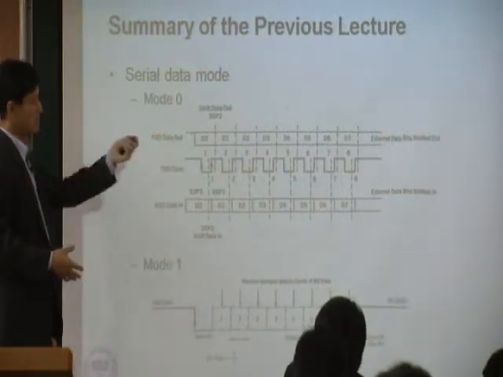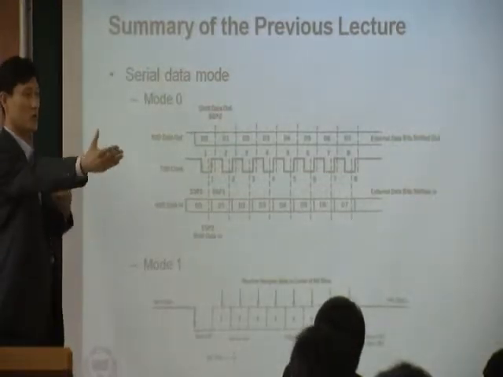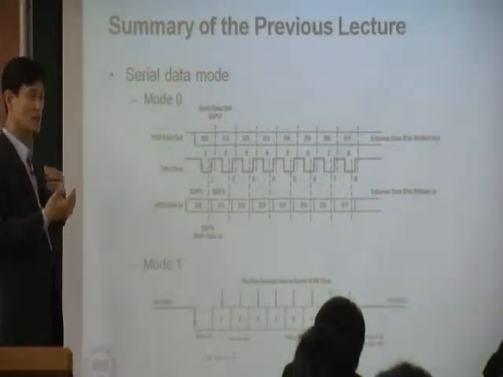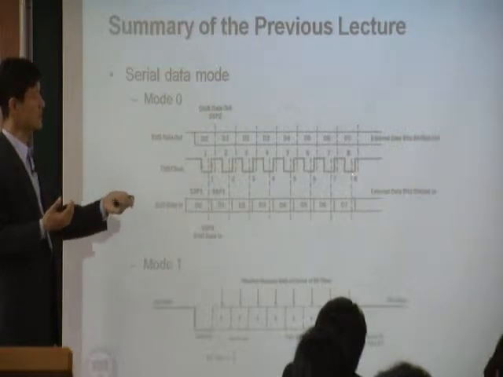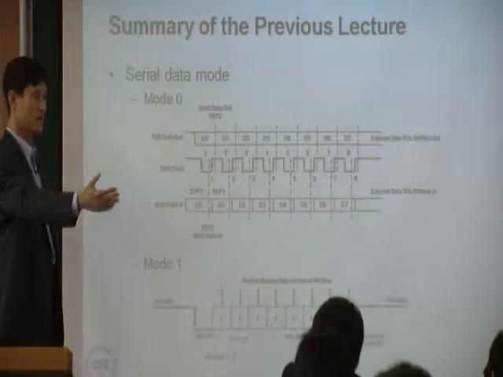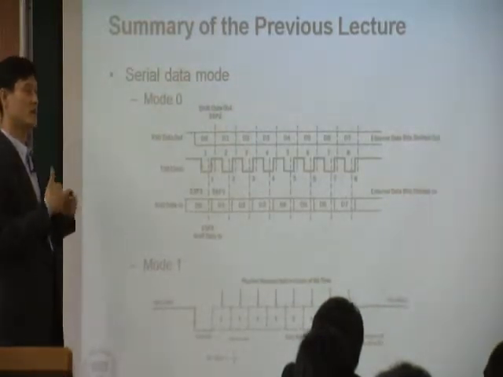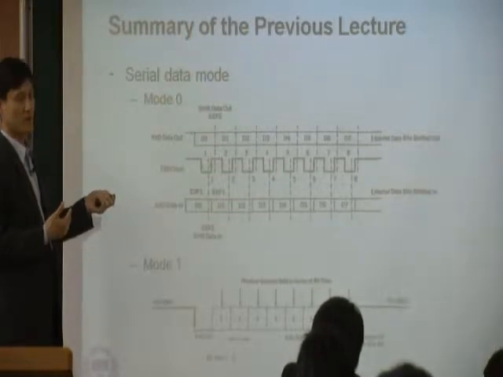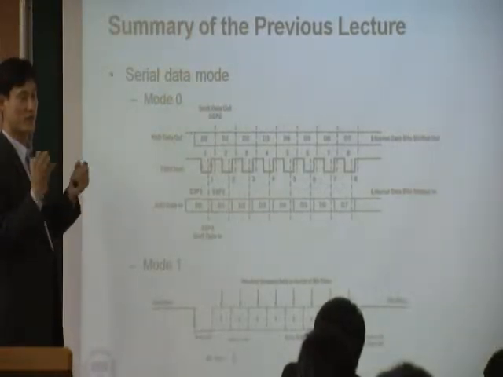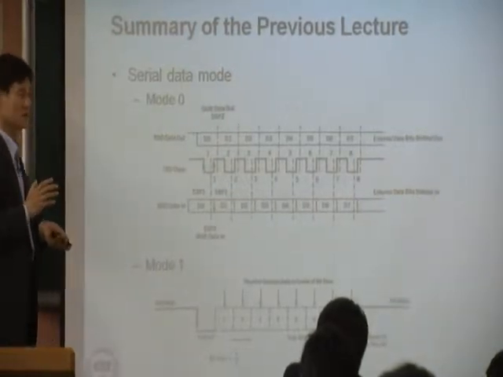As I said, there's a problem delivering the clock over a long distance. If this clock is not delivered to the receiver, then there's no communication, because your communication depends on the clock. If the clock is gone, then your data communication is gone.